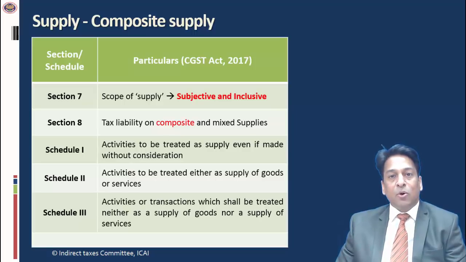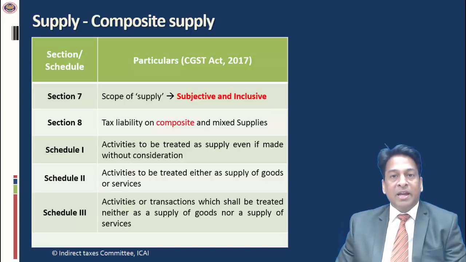This definition goes further to define import of services, and even supply without consideration, as defined in Schedule 1, where specific entries would be supply. Schedule 2 talks about which transactions are supply of goods or supply of services.